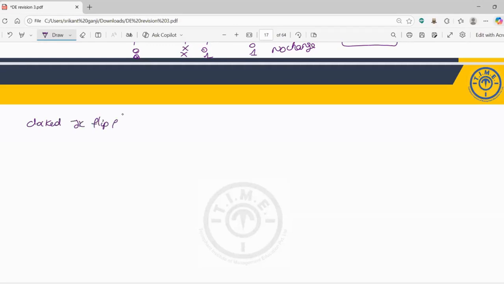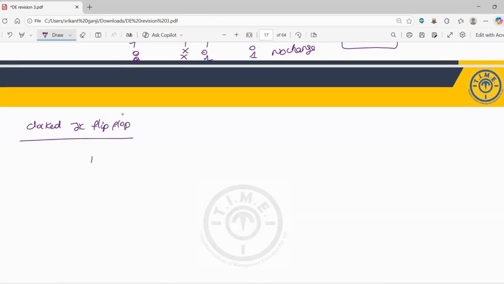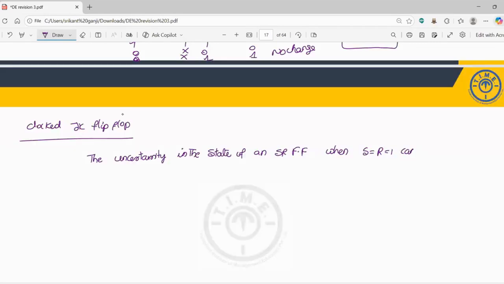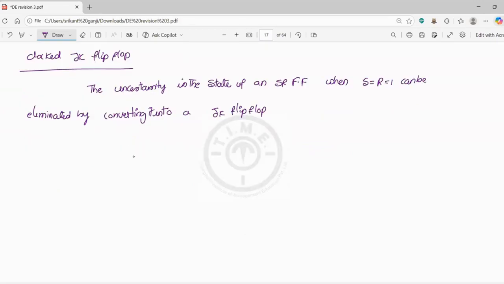The uncertainty in the state of an SR flip flop when S is equal to R is equal to 1 can be eliminated by converting it into a JK flip flop, right?